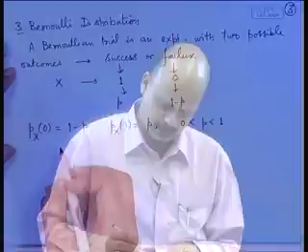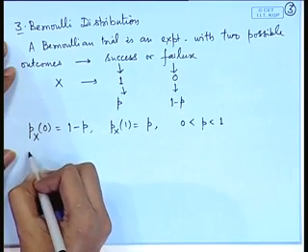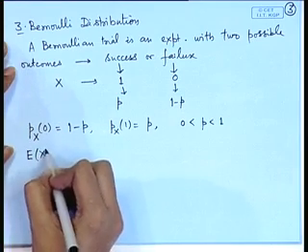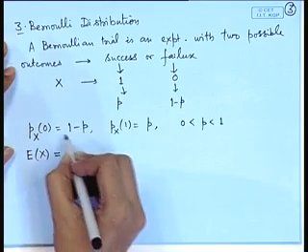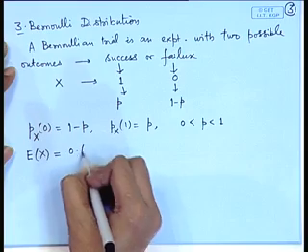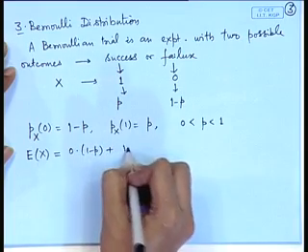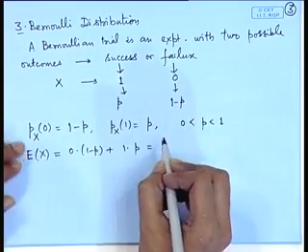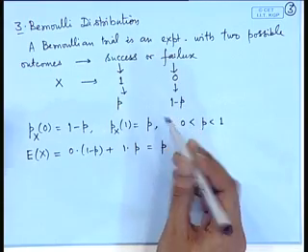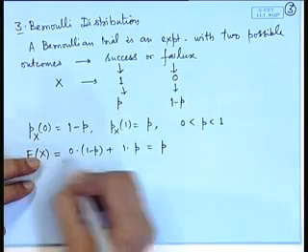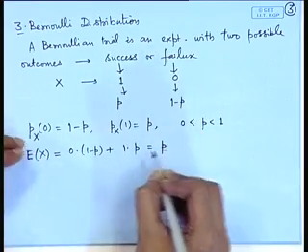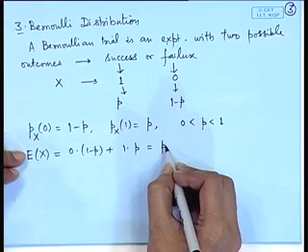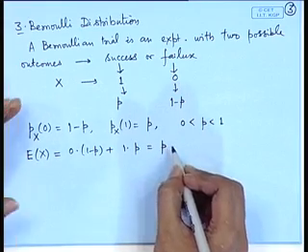Let us consider some of the properties of this distribution, say its mean. Mean is 0 into 1 minus p plus 1 into p, that is equal to p. So, if in a single trial the probability of success is p, then on the average the value of the distribution should be equal to the success probability, that is p.